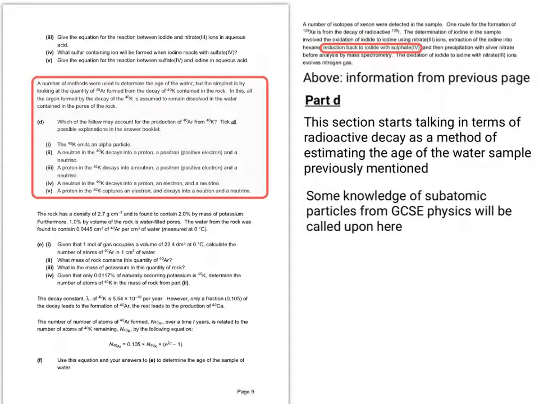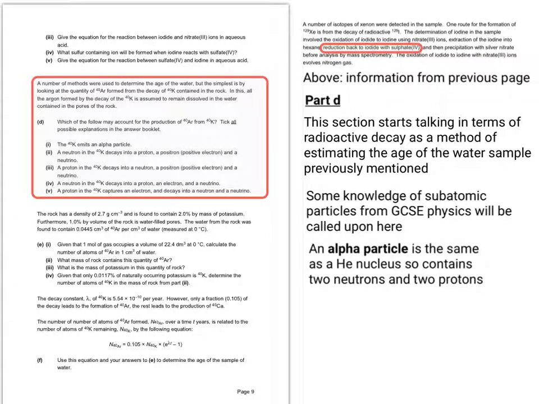So this section starts talking about using radioactive decay as a method of estimating the age of the water sample, which will obviously be very, very old. We often use radioactive decay. For example, carbon dating uses carbon-14 isotope, which is radioactive. So some knowledge of subatomic particles from GCSE physics will be useful here, because if you see they're talking about alpha particles.